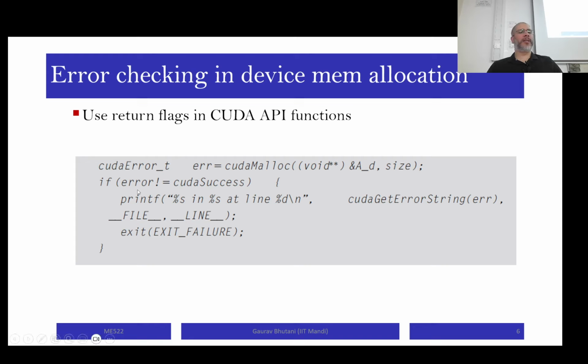So, when you run this cudaMalloc function, rather than simply saying cudaMalloc, you should do it this way. So, this cudaError_t variable, an object err, is equal to this. cudaMalloc returns an object, and then you check whether it is equal to success or not. If it is not equal to success, that means it has failed, and then you have to print something and you should exit. Okay.